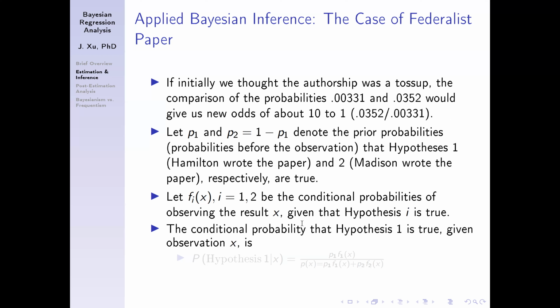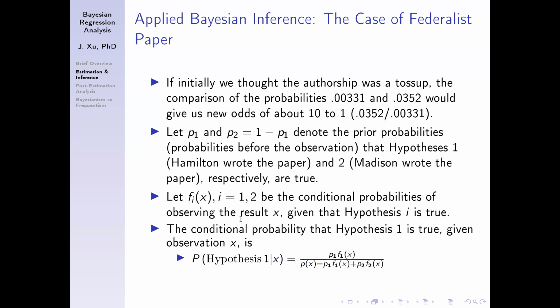Then the conditional probability that hypothesis 1 is true, given observation x. Okay, so we reverse the conditional probability, because f sub i of x is the conditional probability of observing the result x given the hypothesis.